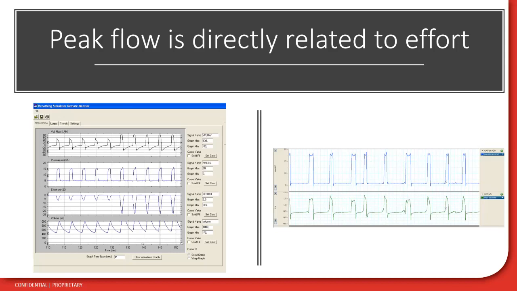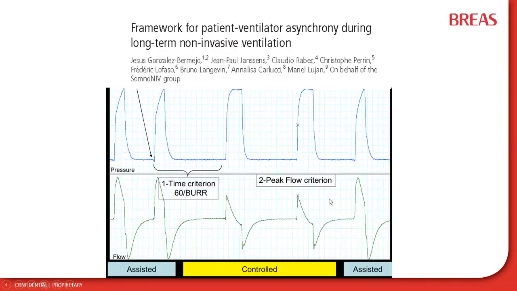Why abnormalities? Because the peak flow is lower than the other ones. These cycles are controlled. Look at the distance between the previous cycle and this one. The distance is higher than, for example, this distance, and so on. So the first concept is that controlled cycles always present a lower peak flow than assisted cycles.